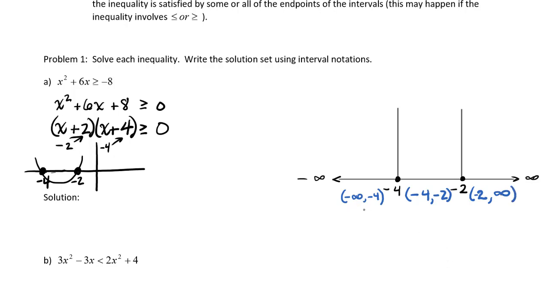I need to pick a test value for the far left interval, so I'm going to pick -5 as my test value. I'm going to substitute this into the factors.